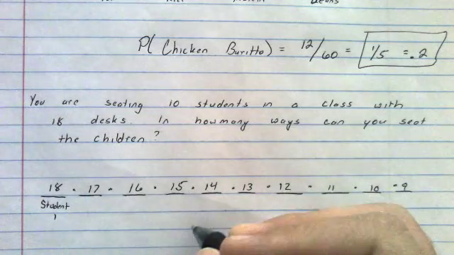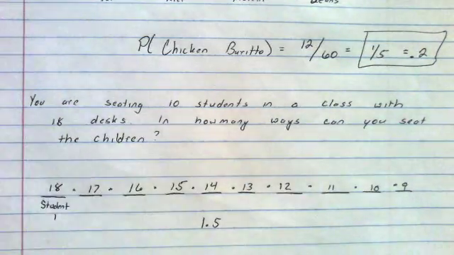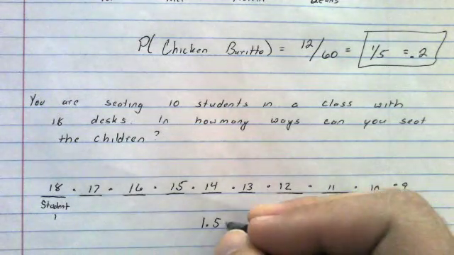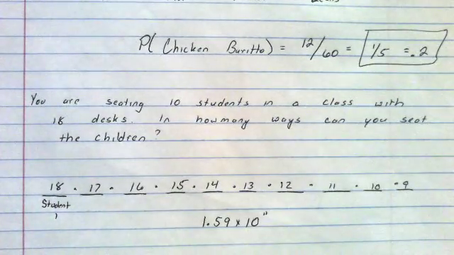So I do have to write in scientific notation. It's 1.59 times 10 to the 11th power. So that's a lot of different seating arrangements.